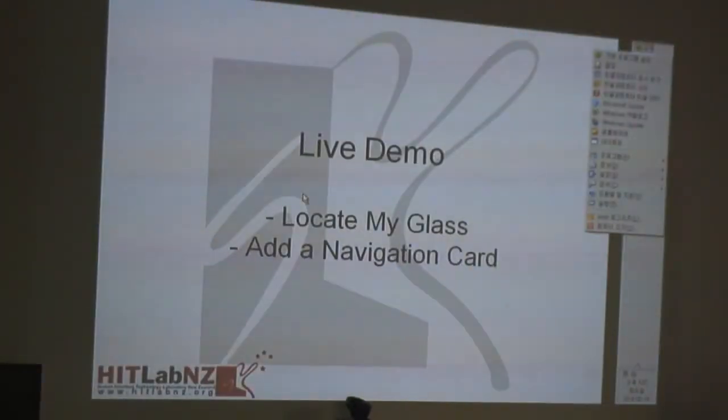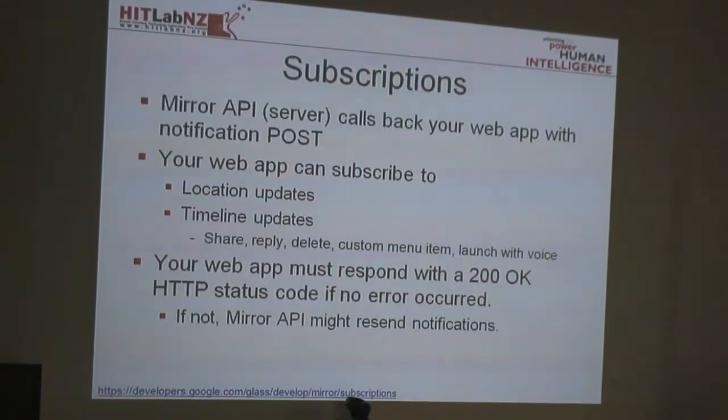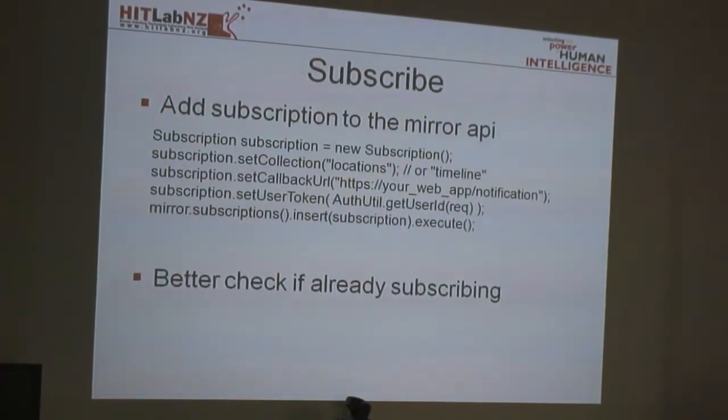So again, you create a subscription and a particular servlet that will be called back by the Mirror API server, providing you updates with locations. And another thing is timeline. Whenever the user adds another card, updates the card, or replies to the card, your website can get updates from the Mirror API.